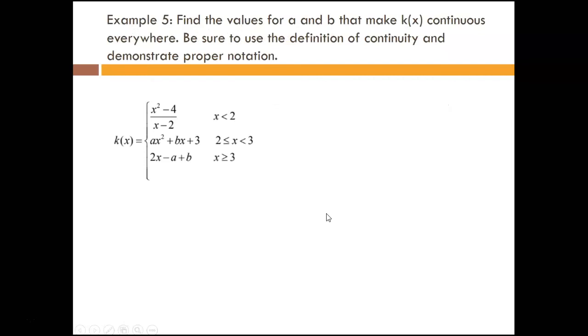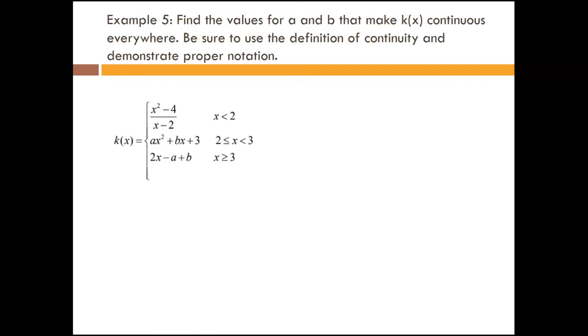Okay, example 5. This kind of relates back to the assignment from yesterday, but it's something important and I want to touch upon and work on. A lot of calculus is being able to construct problems that are general. So we're being asked to find A and B that make this piecewise function continuous.